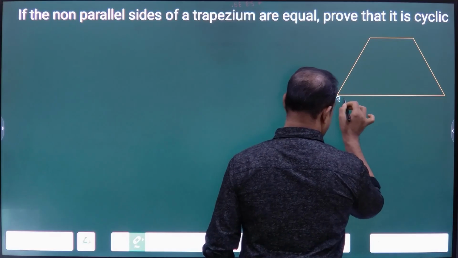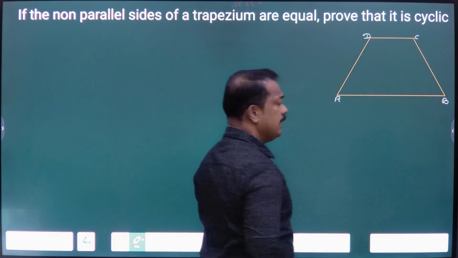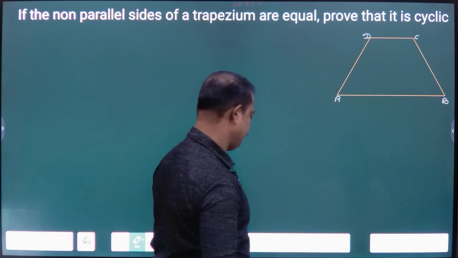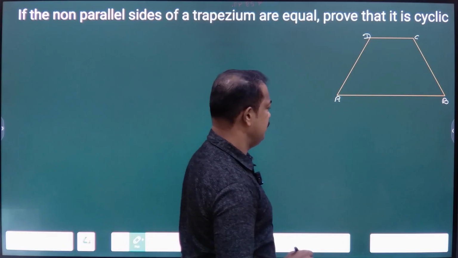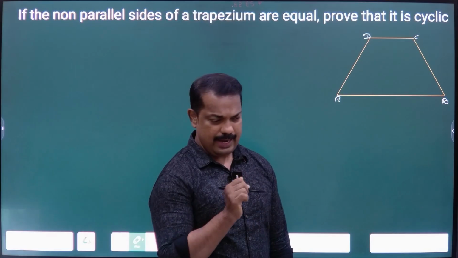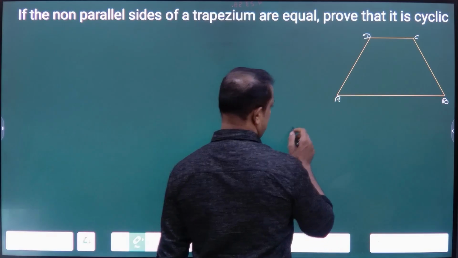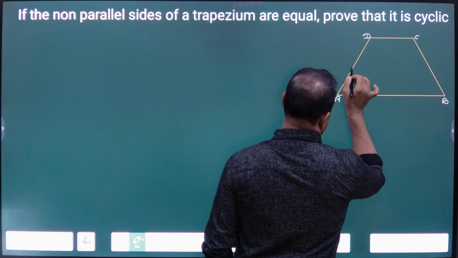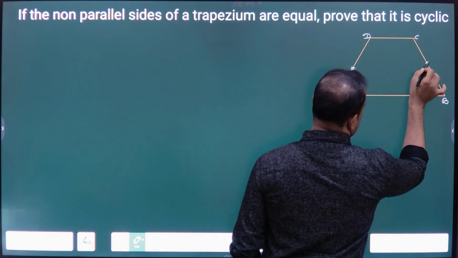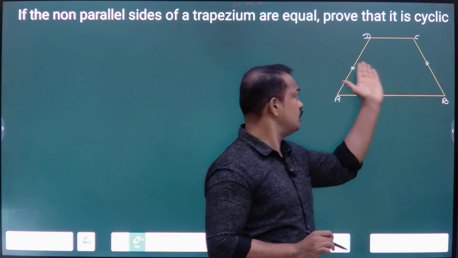ABCD is a trapezium. So given, ABCD is a trapezium such that AB is parallel to DC, these two sides are parallel.